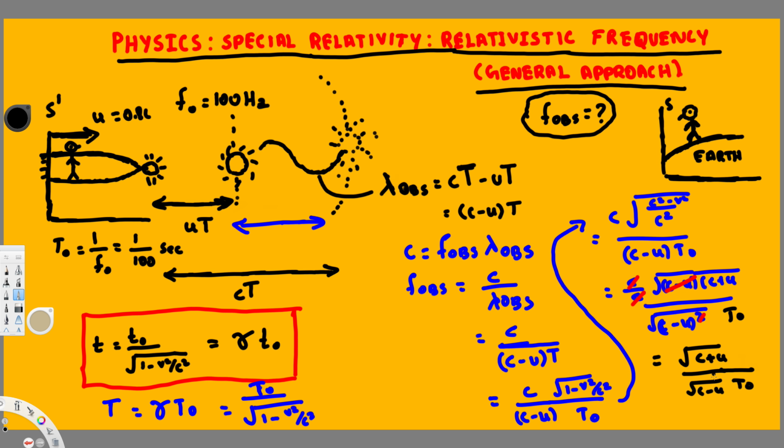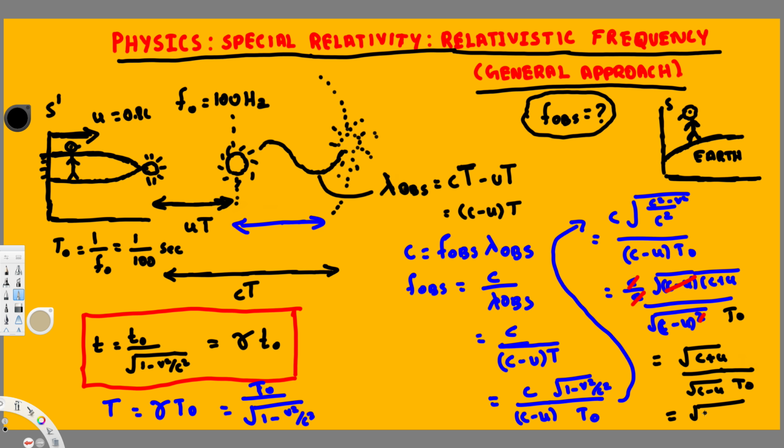Now we have brought the basic equation. Now we can go ahead and plug in the values. u is the speed of this moving frame of reference, that is 0.8 c. That's the speed of this spaceship, right?